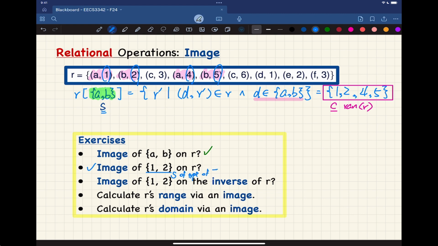Let me put this aside. Usually, if you got R, that's a relation between S and T in general.